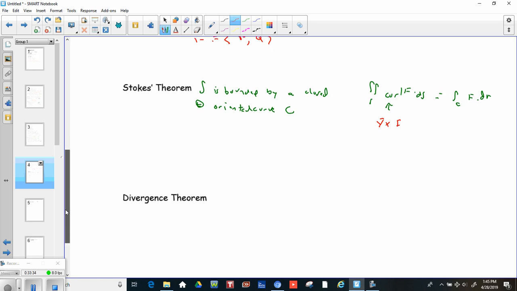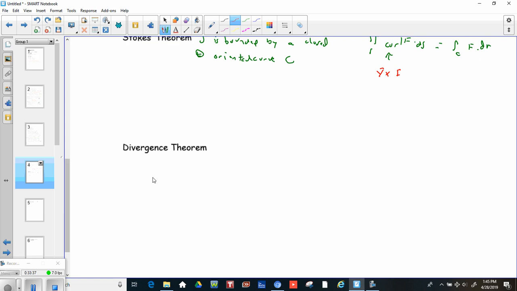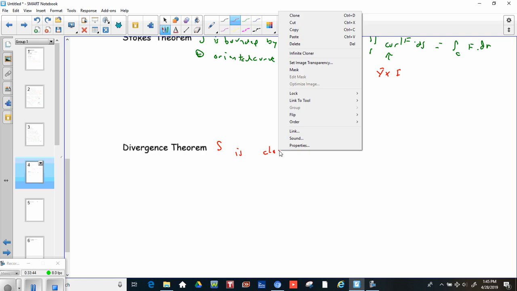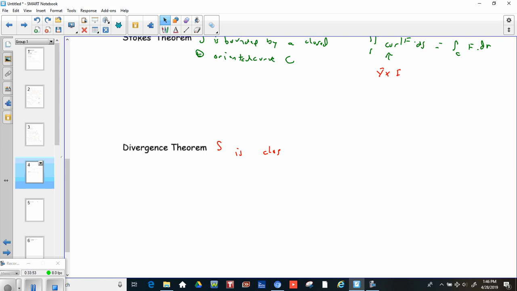All right, one more. Divergence theorem says that we have S is closed and outwardly oriented.